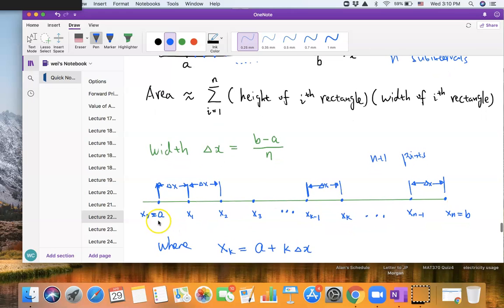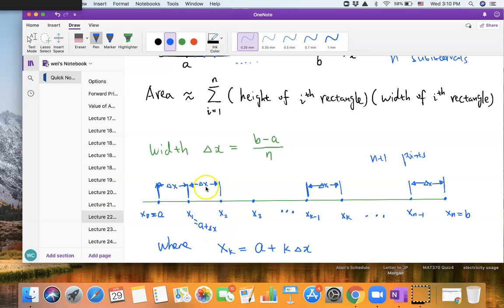So if the first point x0 has coordinate a, then the next point x1 is a plus delta x.